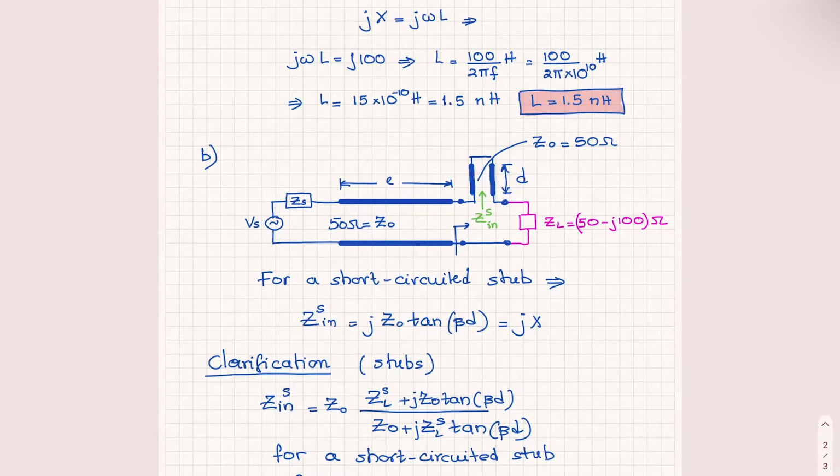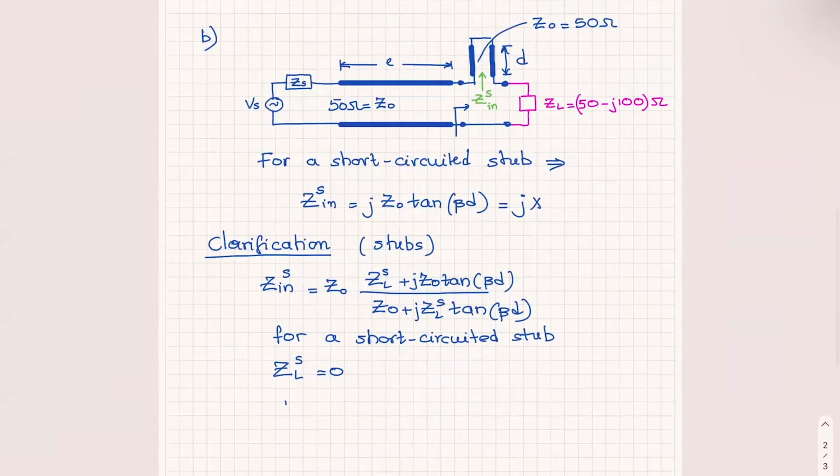Okay, and therefore Z in S becomes, when we put ZL equals 0, this one goes to 0, and this one goes to 0, and this one cancels out with this one. So it becomes j Z naught tangent beta D, and I would like you to remember that. Write it somewhere, put the most important formulas on one page to have them available. Okay, so this one is here.